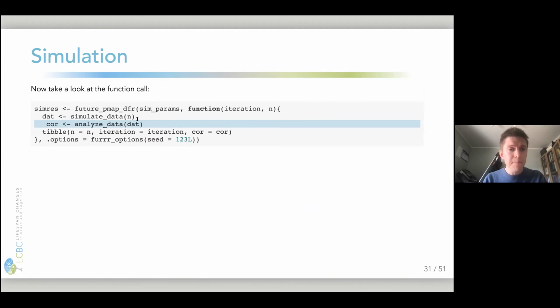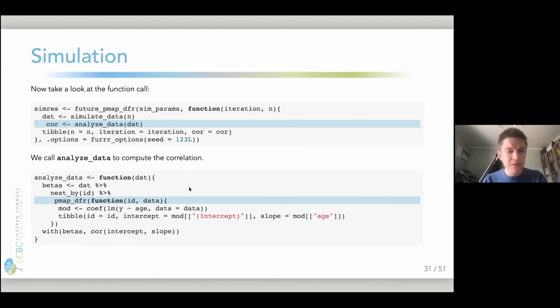So I do this future_pmap. That's the top layer function that I'm using to run this in parallel. But inside here, I call my analyze data function. Now look at my analyze data function. This one contains pmap_dfr, because inside each dataset, I fit one regression model to each person.